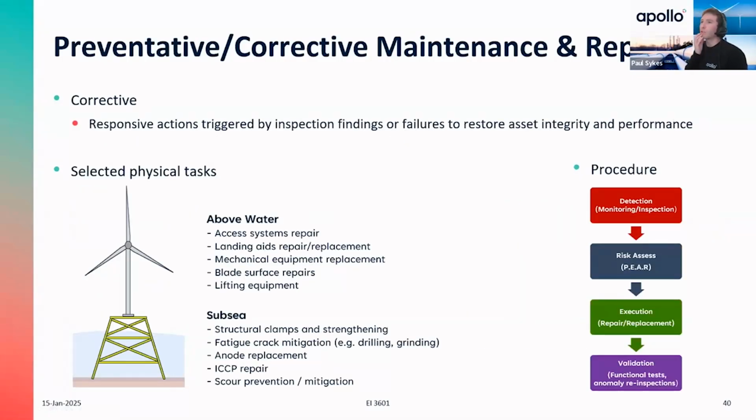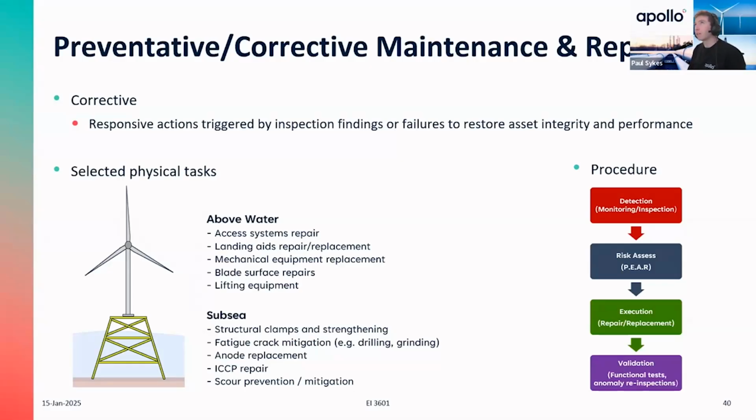This slide shifts on to corrective maintenance, which is more about responding when inspections or monitoring identify issues, or when failures occur. The aim of corrective maintenance isn't just to fix things quickly, but to try and restore integrity and performance in a controlled and justified way. Again, there are a few examples of physical tasks shown on the slide here. I don't quite have time to go through them, but what's important is the process shown on the right.